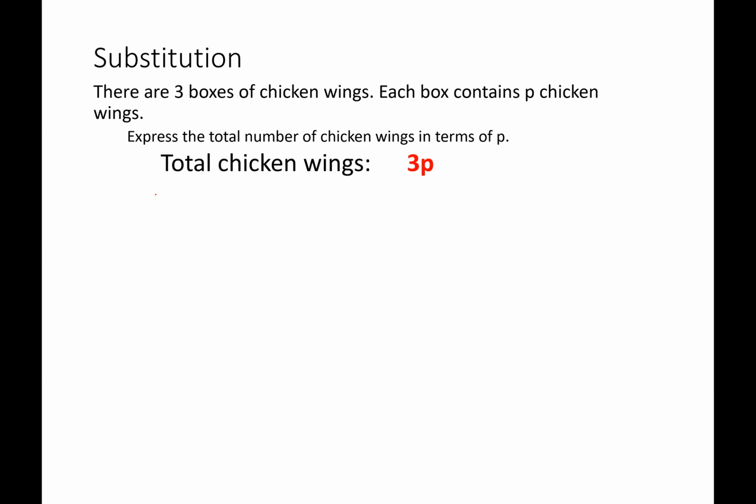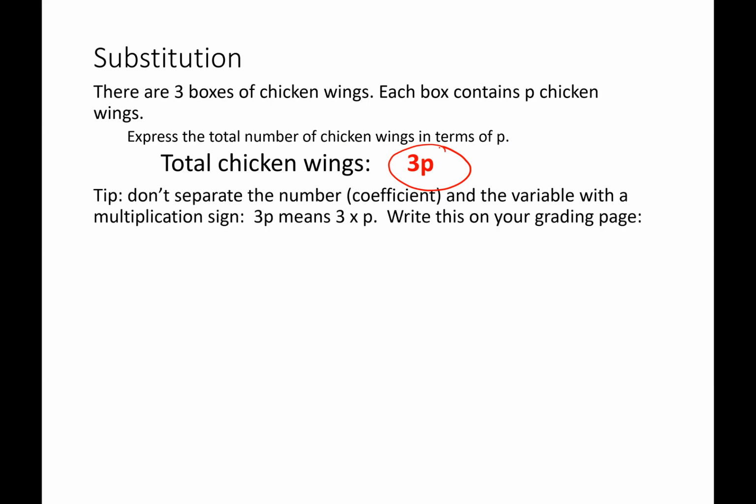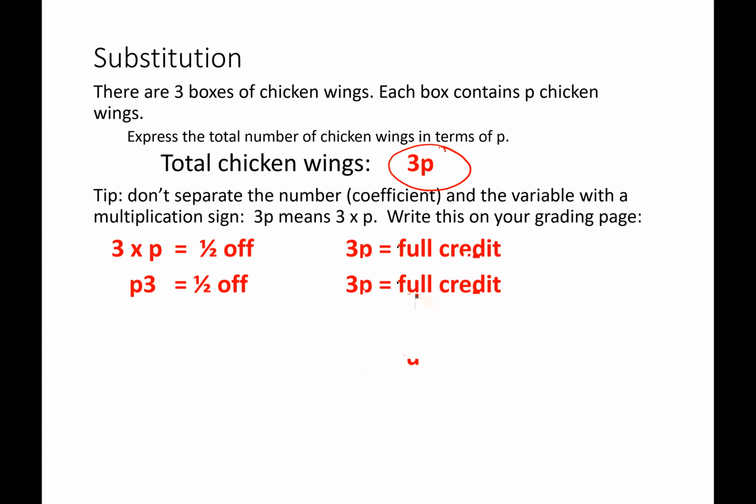Now you've got a few tips there underneath to keep in mind. Remember that when we're writing multiplication with a coefficient and variable, we're just going to put them together, and the coefficient comes first. Which comes first? Yeah. These are in your notes: if we do 3 times P and use that times sign, that would be half off.